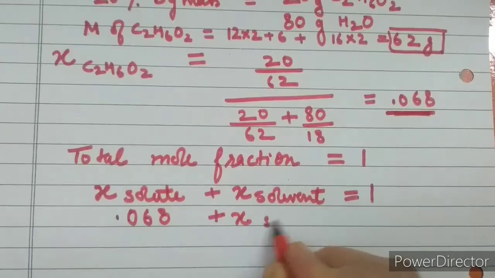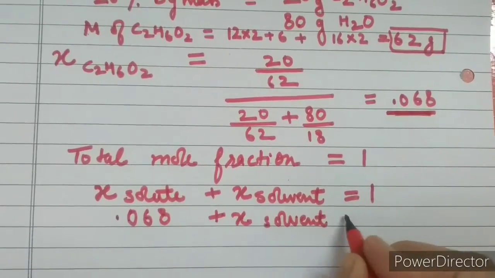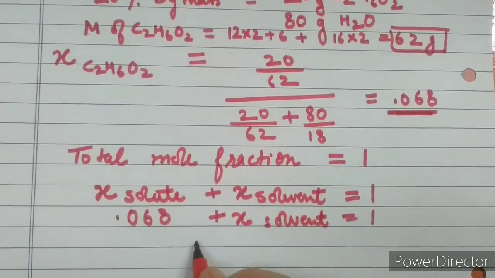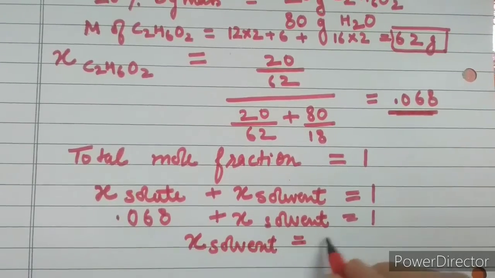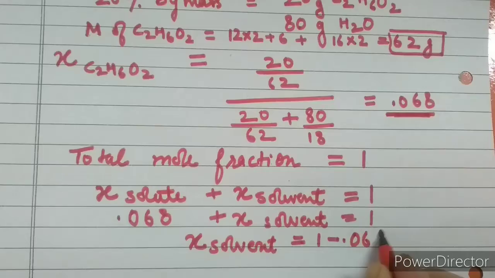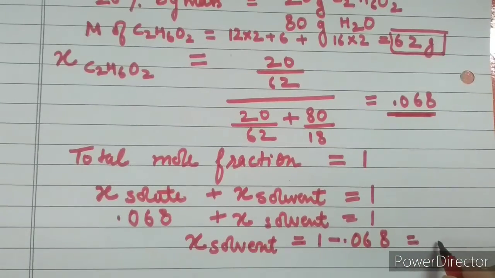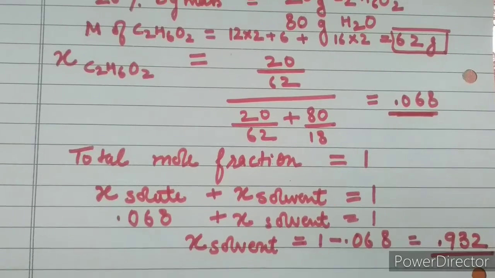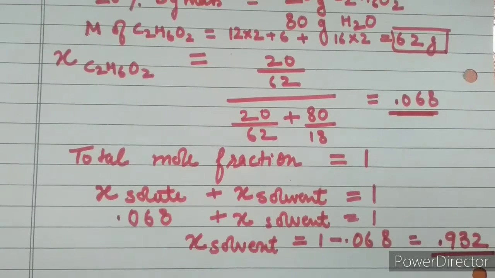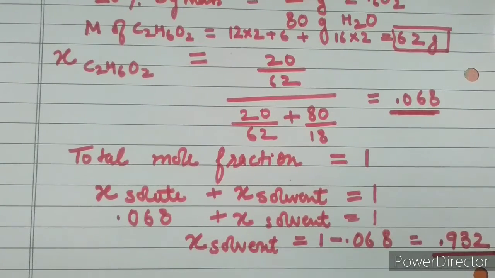If we need to find the mole fraction of water, which is the solvent, we can solve this. The mole fraction of solvent is 1 minus 0.068, which comes out to be 0.932. Mole fraction will not have any units since it represents only a fraction of particles.